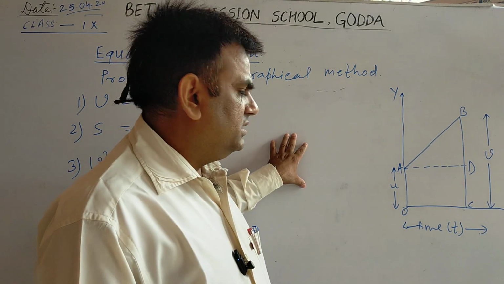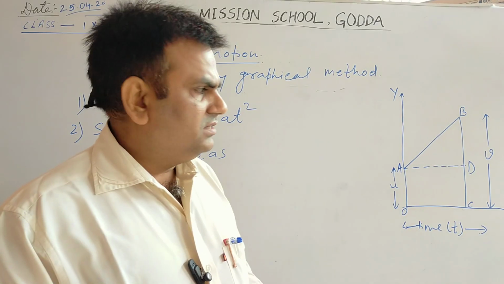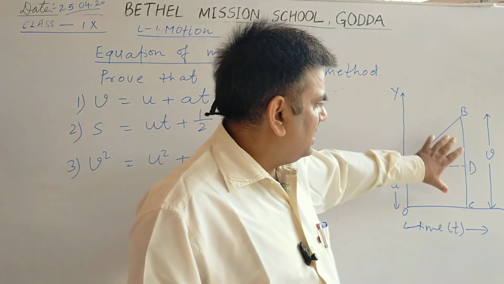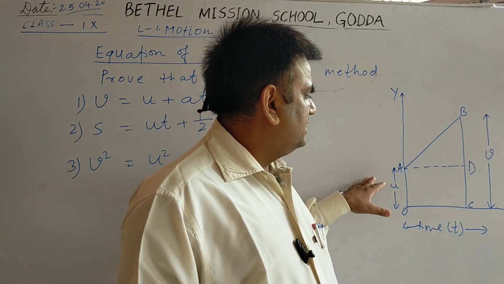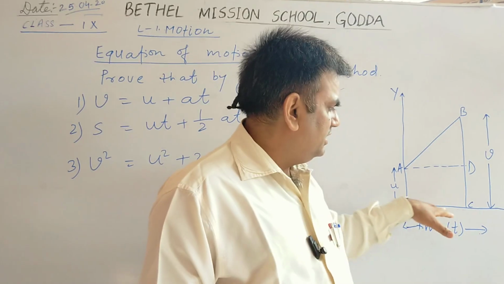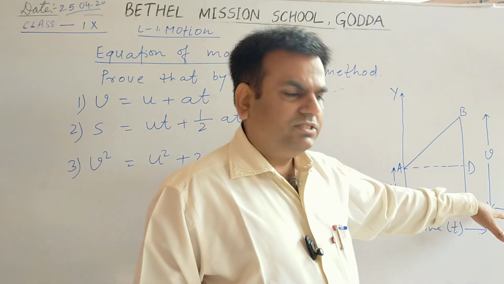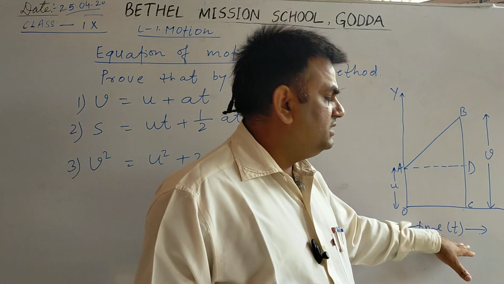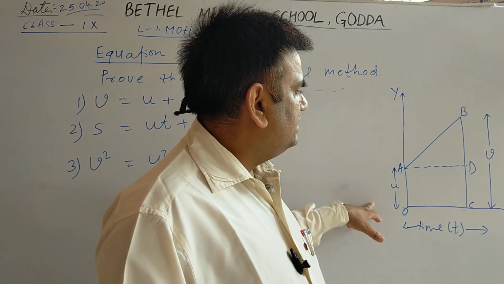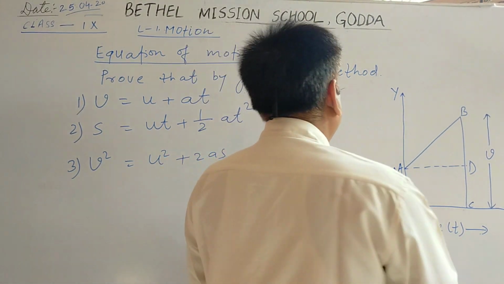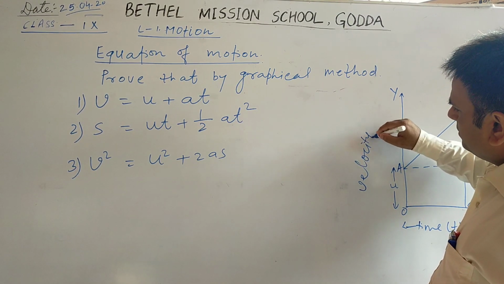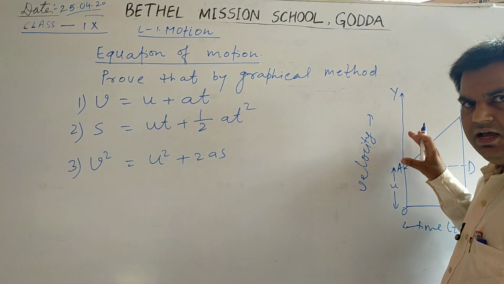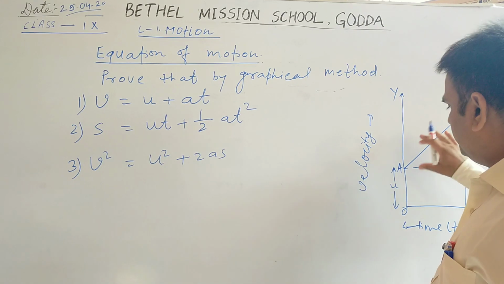Now in this graph, as you are watching, the x and y axis: as you know, the x axis will always represent time and the y axis will represent velocity.